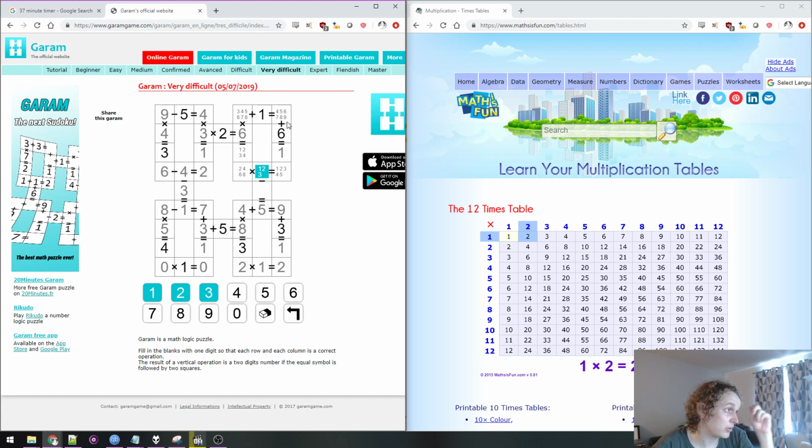Yeah. So that doesn't restrict it at all, because it could be 1. But this can no longer be 1, 3, or 5. Okay. But that doesn't restrict this at all. Well, it can't be 4 anymore. And it can't be 5. And it can't be 7. Right? Yeah. And it can't be 9.